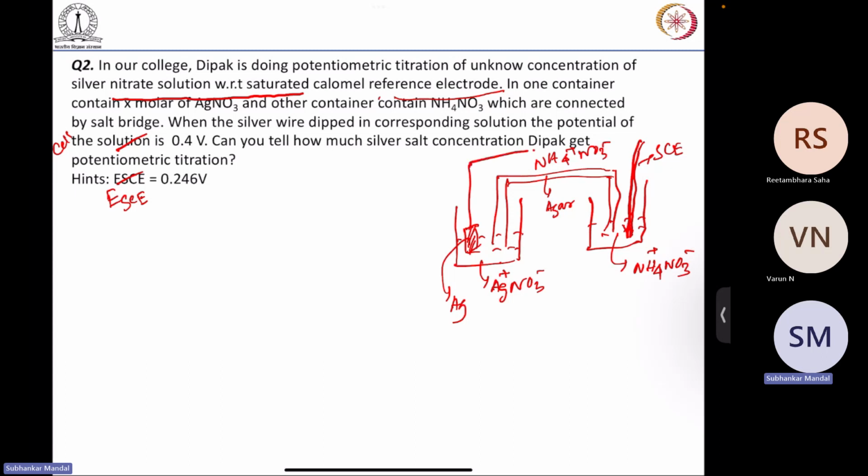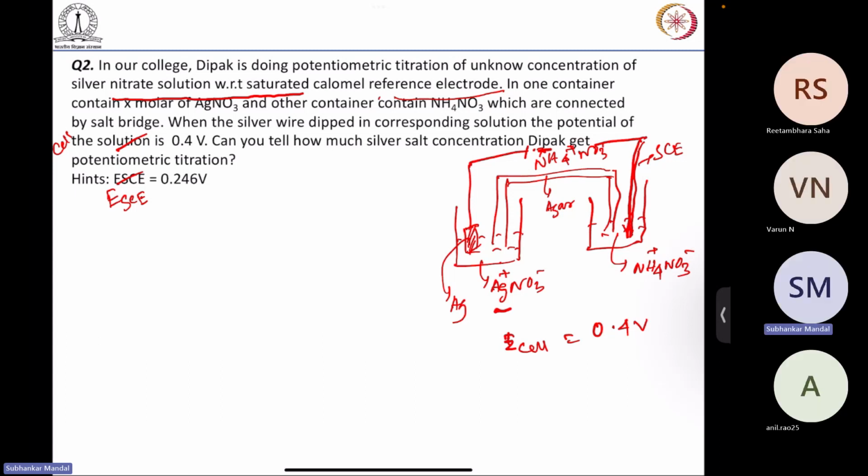When they dip, they calculate the potential, which shows E cell is 0.4 volt.